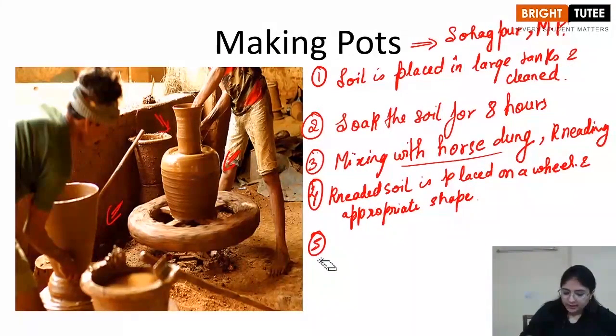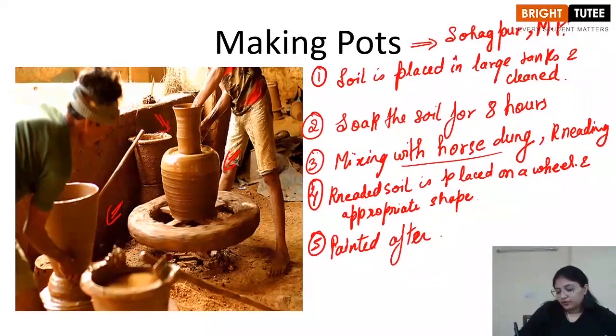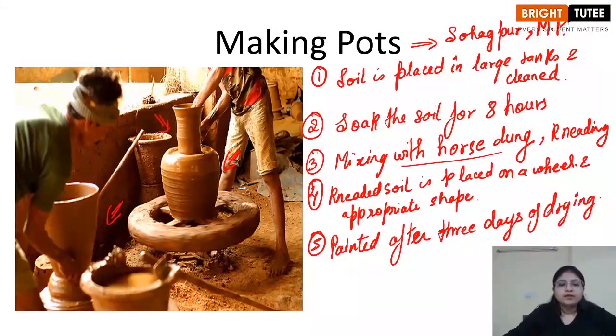If paint is needed, it is painted after 3 days of drying, right? So painting is done once the pot, matka or surahi is dried off. Then the paint is done, and whatever color is needed is given to that particular surahi and matka.